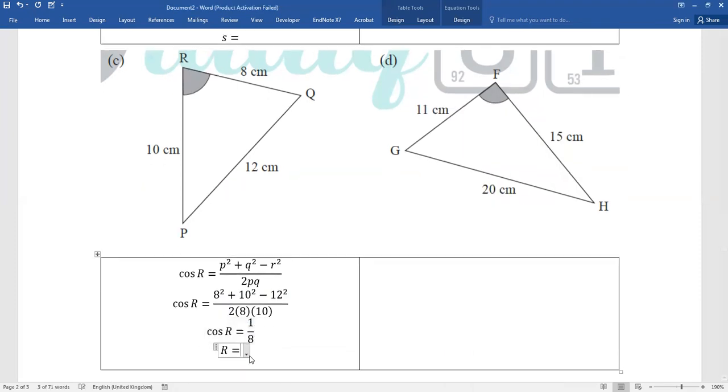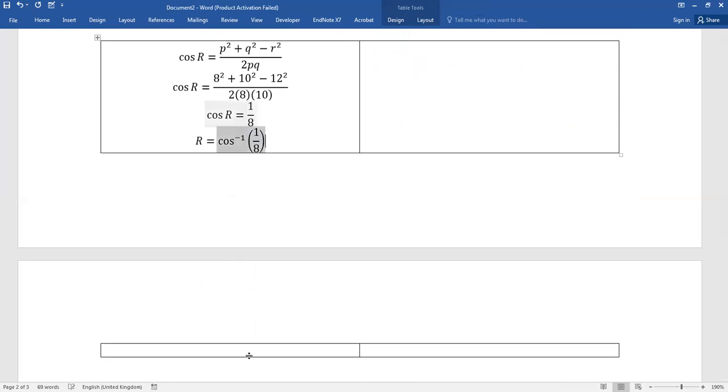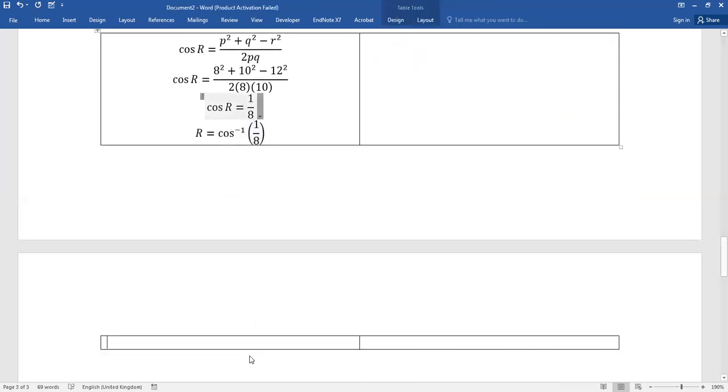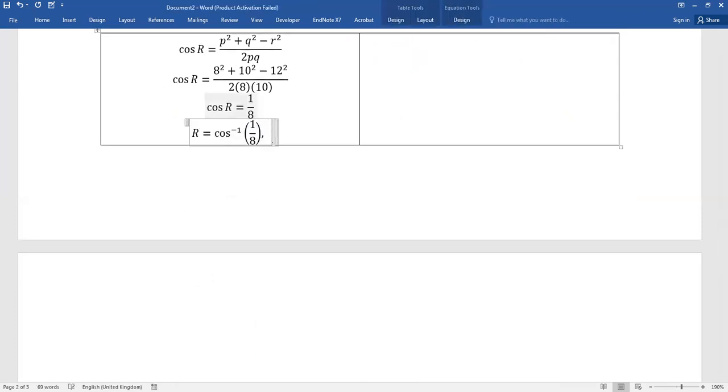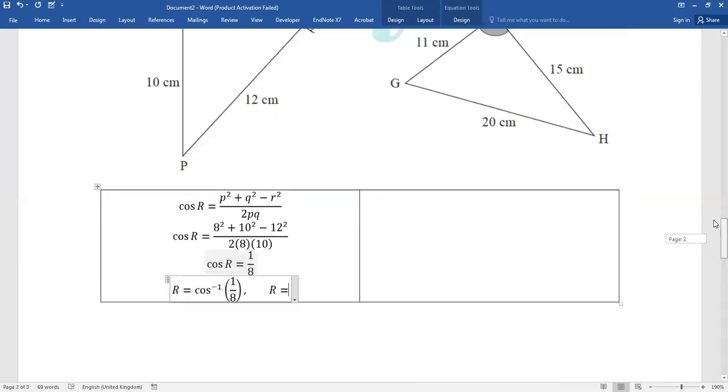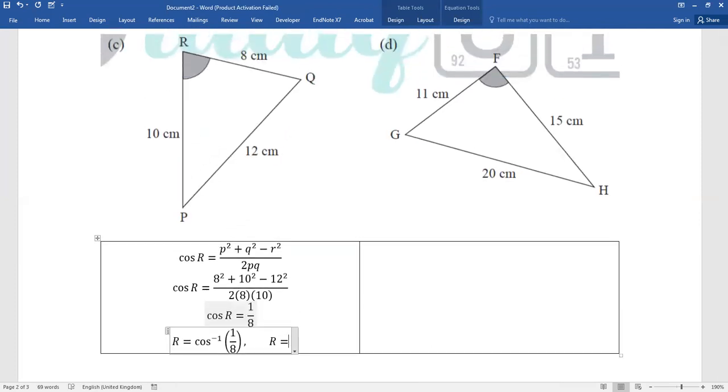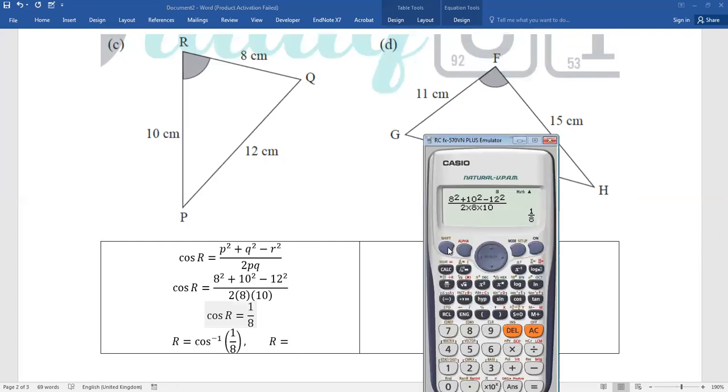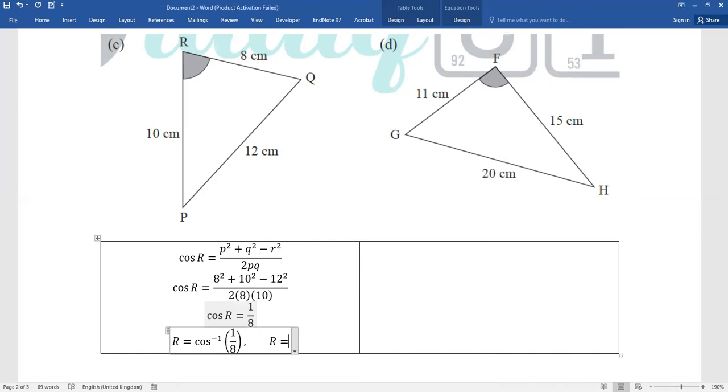So R is cos inverse of 1 upon 8. Yes, class. What is the value of the angle R? 82.8. Very good.